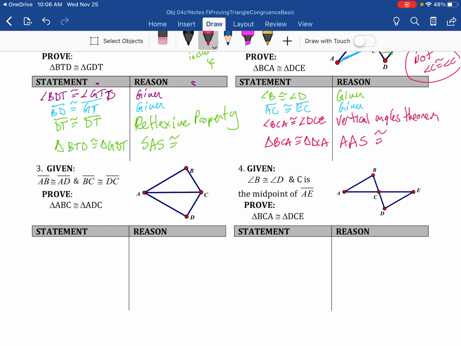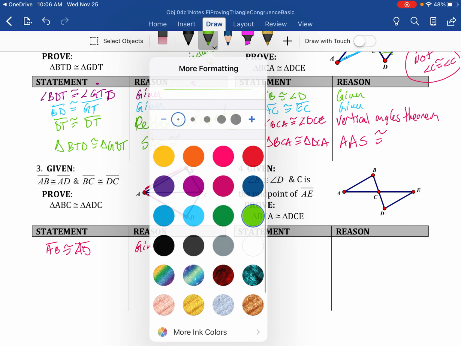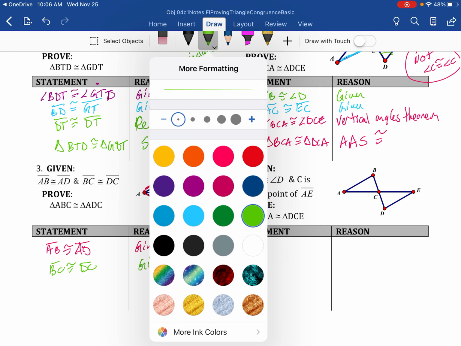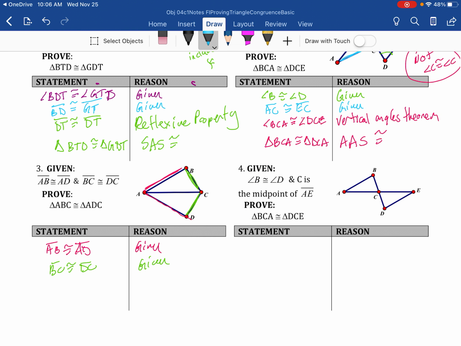Okay, last two, just really quickly. You're given AB is congruent to AD. That was given to you. You're also given BC is congruent to DC. That was also given to you. You need a third thing. You notice that they share AC.